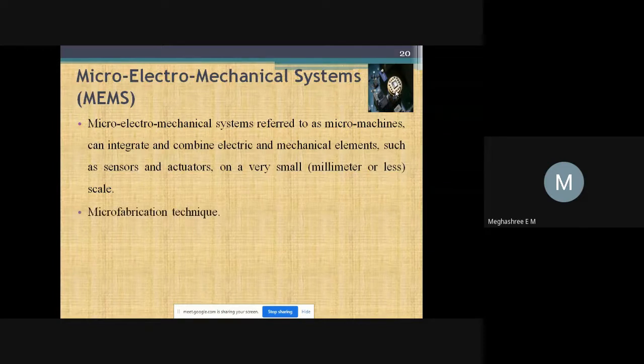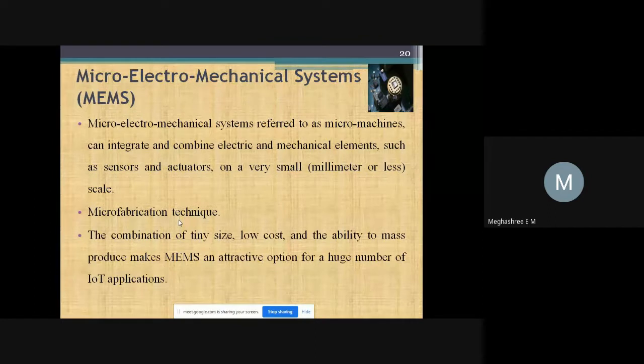This is how the sensors and actuators are integrated on the micro machine with the help of micro fabrication technique. Because of the tiny size of this machine, its very low cost and ability for mass production make MEMS an attractive option for a huge number of IoT applications.